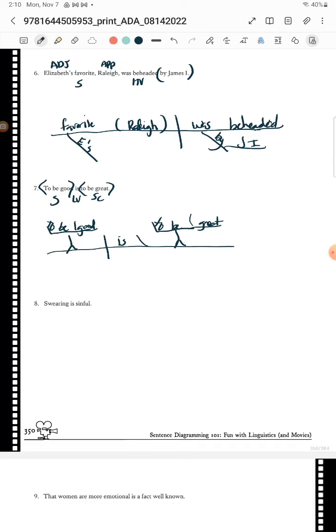Okay. Oh, swearing is sinful. That's a gerund, though. So we're going to do one of these. Swearing or cursing, depending on where you're from, right? You may say I swear, you may say I curse, but either way, some people think that bad words are bad, right? That's why we call them swears. Okay.